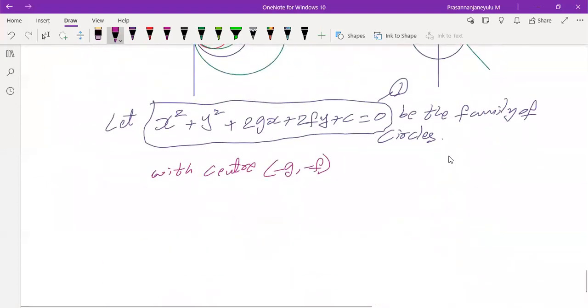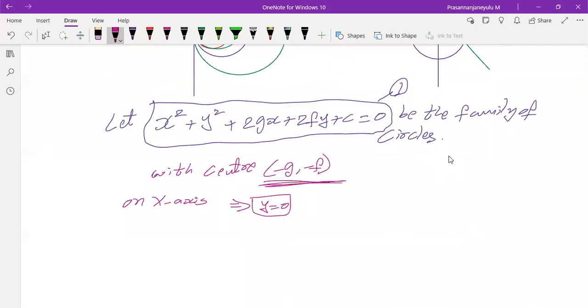If this is the center of our circle, which value is 0? The f value.